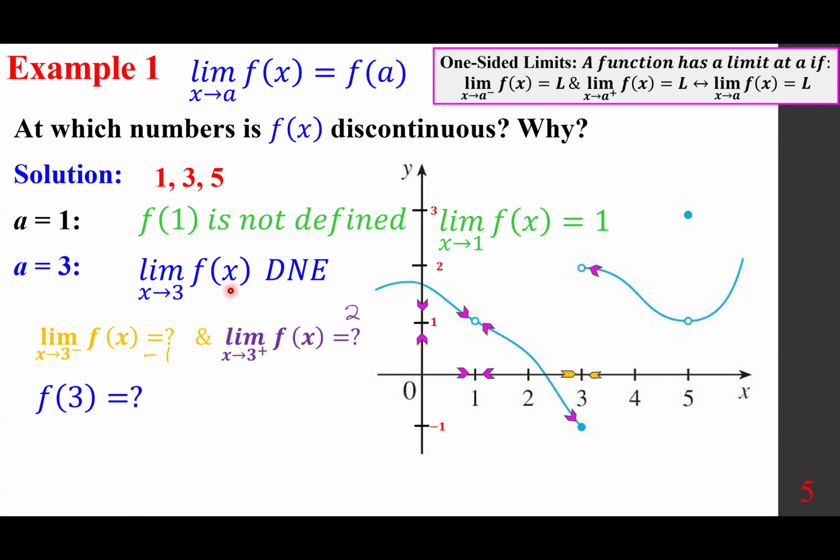What about f of 3? You look at number 3, you look for a solid point. And this is the solid point with y coordinate -1. So that's -1. So we could figure all of them out.